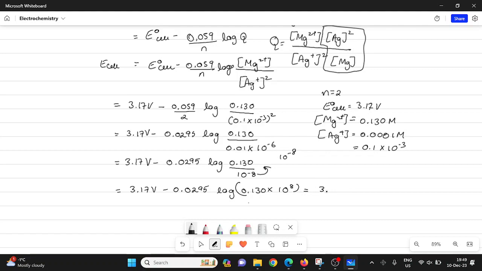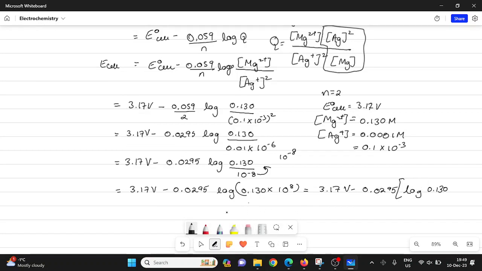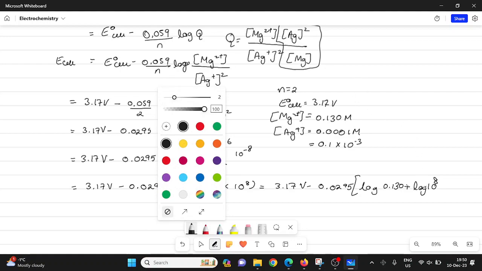So this is equal to 3.17 volts minus 0.0295 log, and log of A into B is equal to log A plus log B. So this will be equal to log of 0.130 plus log 10 to the power 8.